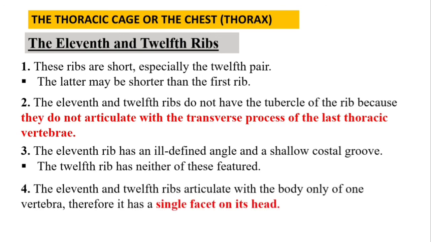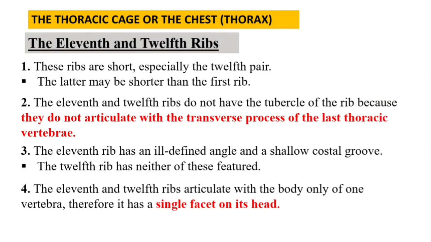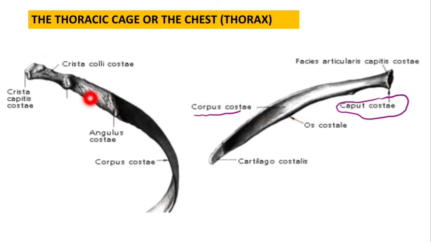The 11th and the 12th ribs articulate with the body of only one vertebra. Therefore, each has a single facet on its head. You can see here a typical rib, posterior view, which we covered already. I want you to focus on the 12th rib.